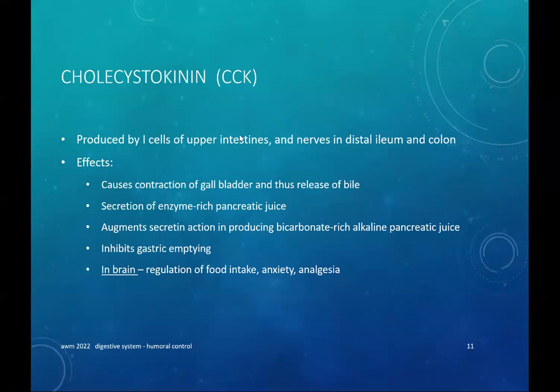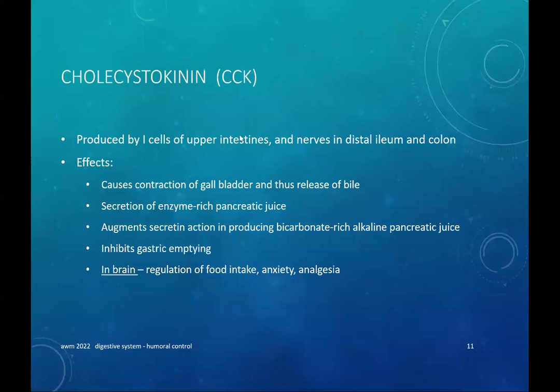Okay, the next hormone is cholecystokinin, CCK. When you see cholecystokinin, the cysto refers to the gallbladder, chole refers to the bile. So you always associate it with contraction of the gallbladder, but it does many other things.